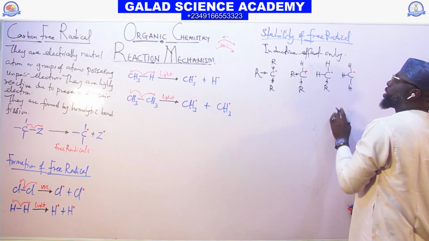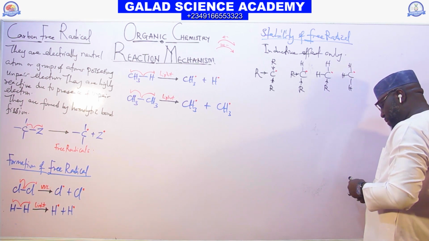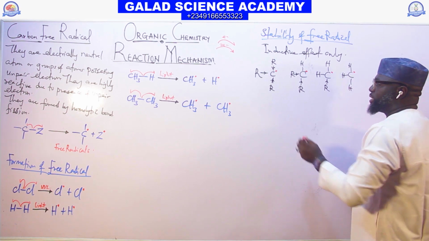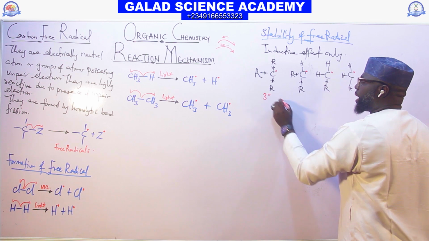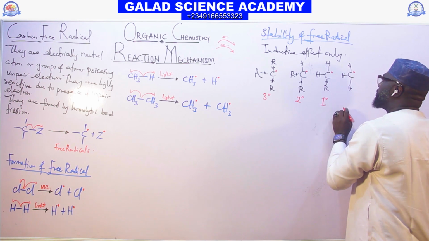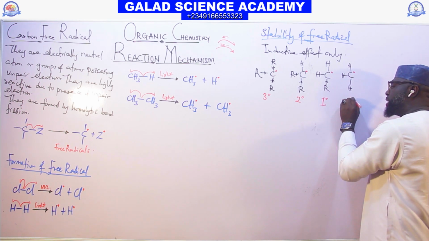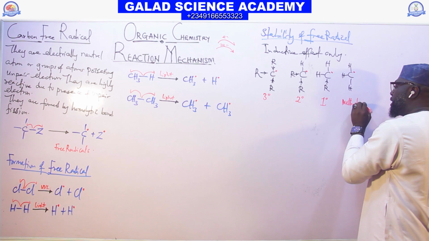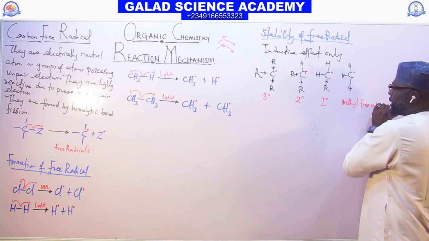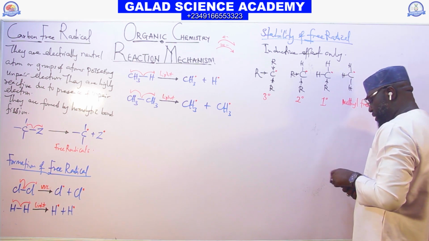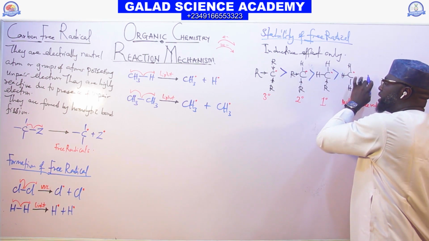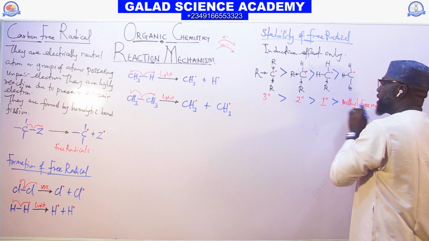In terms of stability, this is the tertiary carbon free radical, secondary free radical, primary free radical, and here we have the methyl free radical. In terms of their stability, this one is more stable than this one, and this is the least stable.